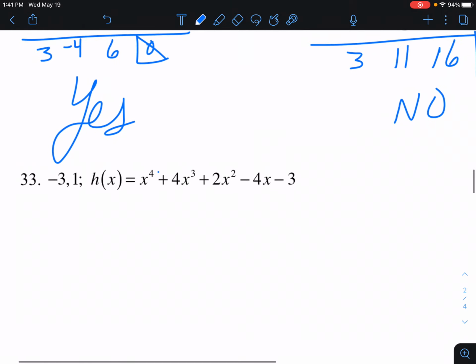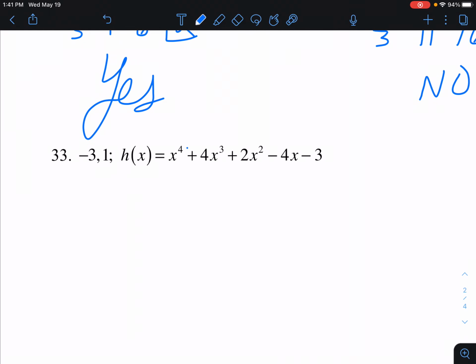Okay, almost done. Last one. We got 2 more to test out. So I'm going to test -3. Again, don't do the opposite thing here. This does not have an x with it, so do the number as is. All right, I had no missing terms here, so no need for zeros.